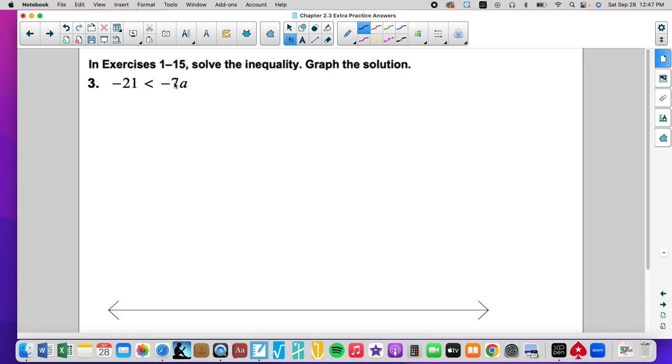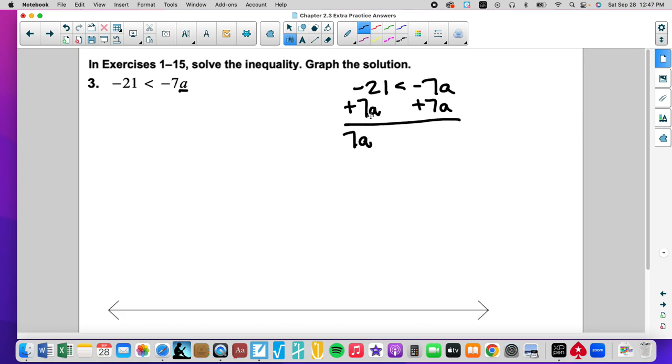So at the moment, and this is where we have to understand why we flip the inequality sign. Notice my variable at the moment is being eaten by the inequality sign. And if I wanted to get that to be a +7, I would have to add 7a, which moves it across the inequality.